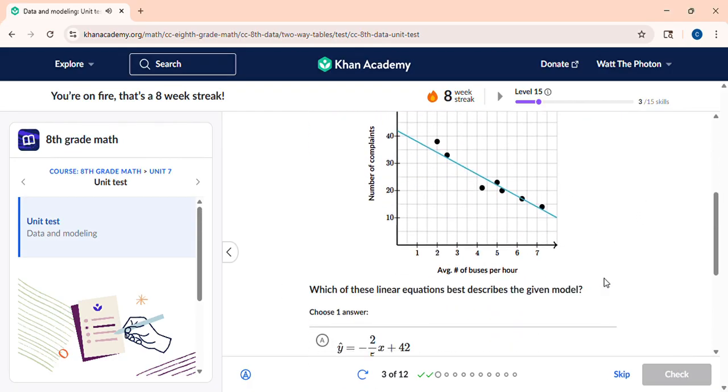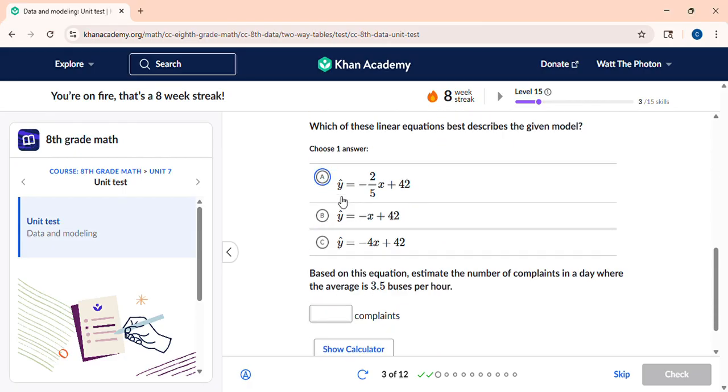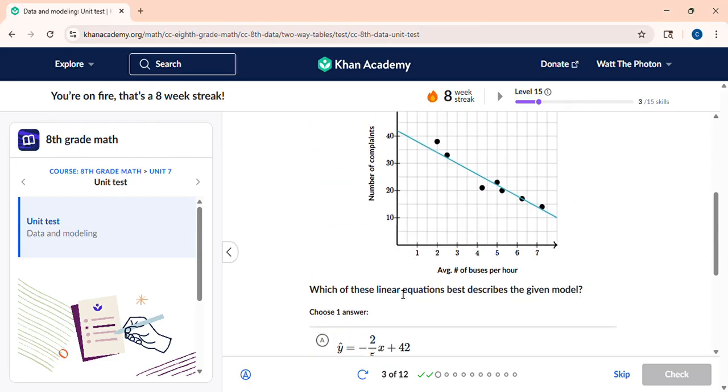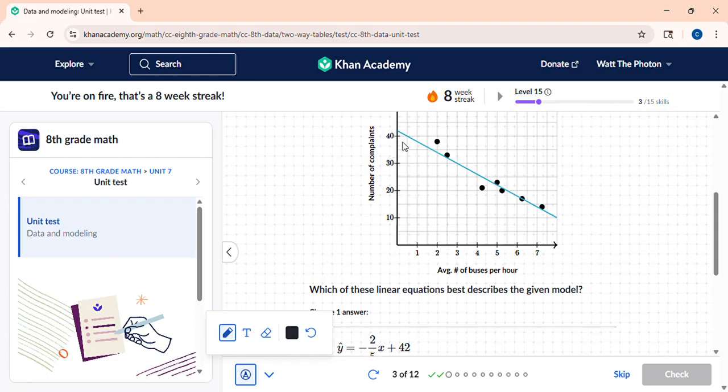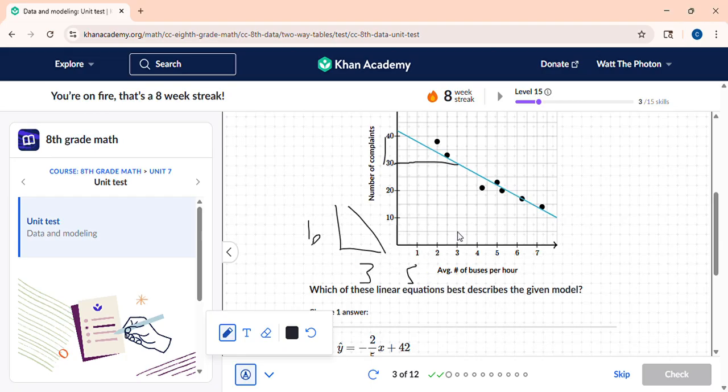Which of these best describes the linear model? So it has a negative slope. The slope goes down. 3 hours. It has a slope of about 3.3.